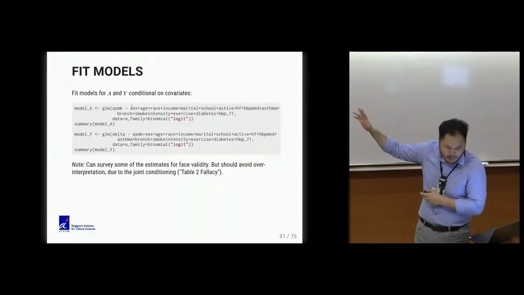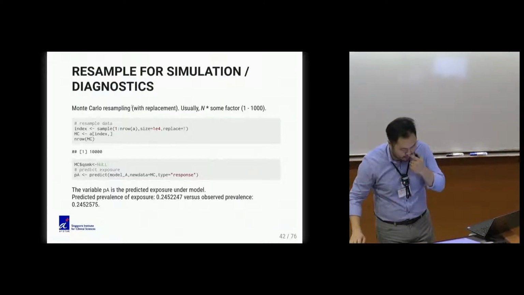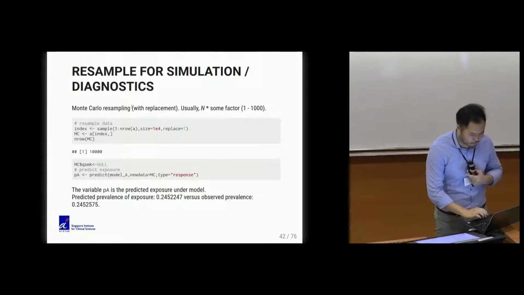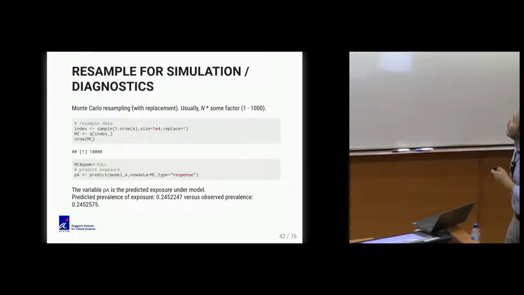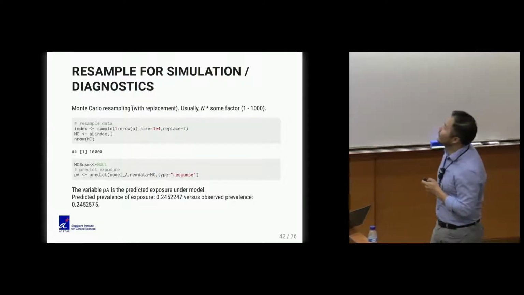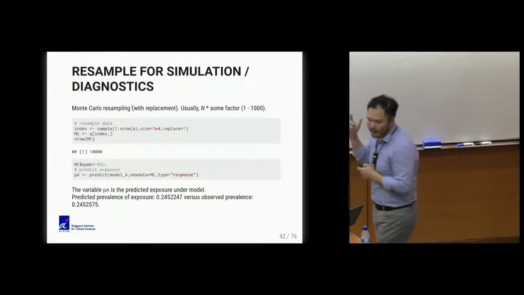Okay, so we fit a model for A according to our causal diagram. We fit a model for Y according to our causal diagram. And then what do we do? We estimate this through simulation by resampling, by Monte Carlo sampling. So what we do here, we've just resampled 10,000 from our baseline data.